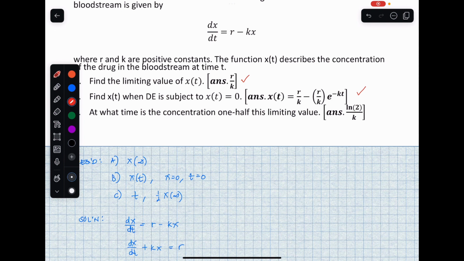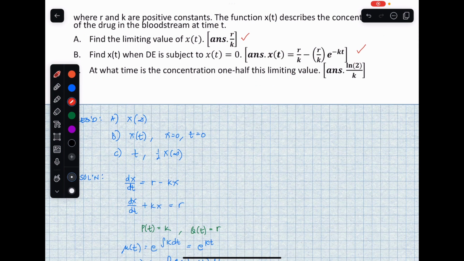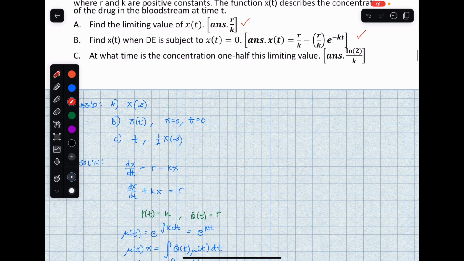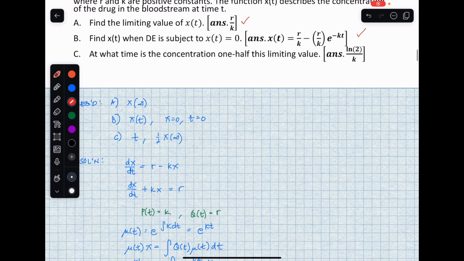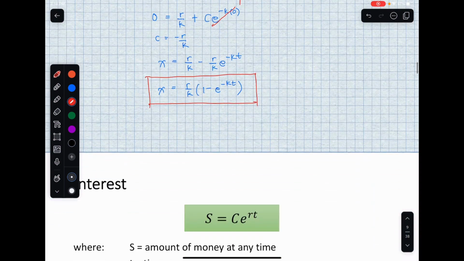And then, at what time is the concentration 1/2 this limiting value? If the limiting value is r over k, then half of it is r over 2k.